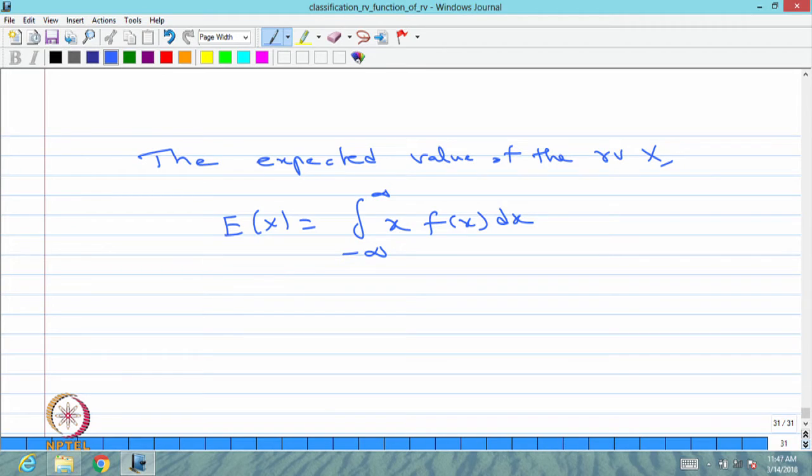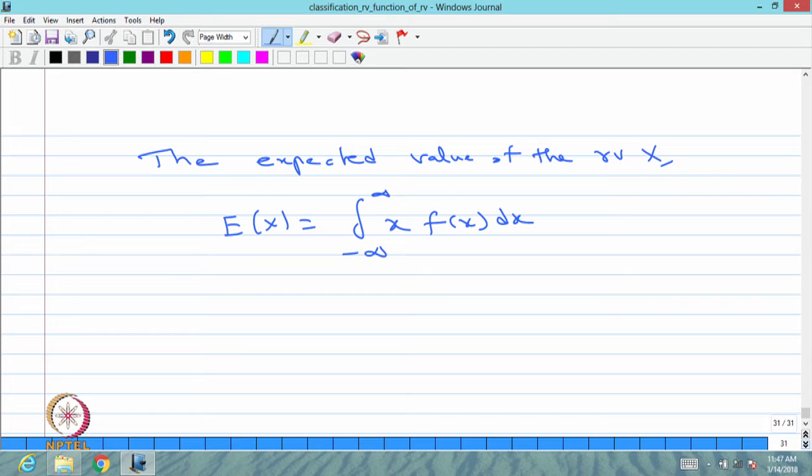So, the provided condition is very important. If the provided condition is not satisfied, even if you get the value of this integration without the absolute, that is not going to be called the expected value. It is very important to conclude in the absolute sense: the summation for a discrete type random variable, the integration in the absolute sense for a continuous type random variable.